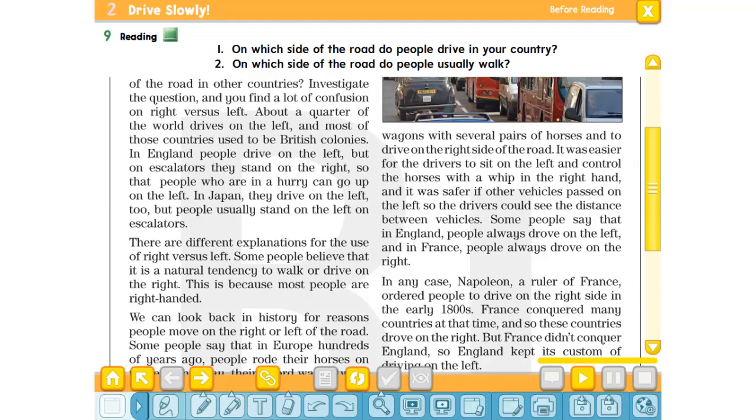Some people believe it is a natural tendency to walk or drive on the right. That is because most people are right-handed.